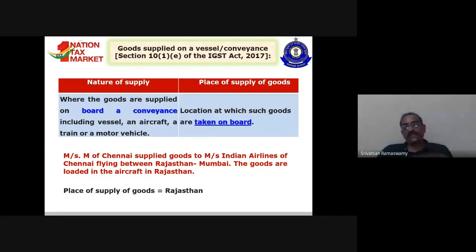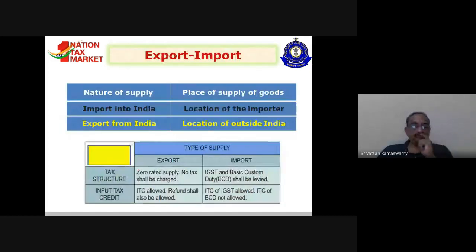In this situation, it is Rajasthan, and therefore the person located in Chennai will raise an invoice on Indian Airlines, who is also located in Chennai, but that will be treated as an IGST transaction because the place of supply is Rajasthan. For the person in Chennai, the Rajasthan transaction will be an interstate transaction, and IGST will have to be paid.